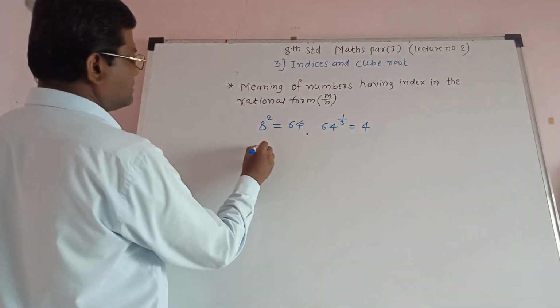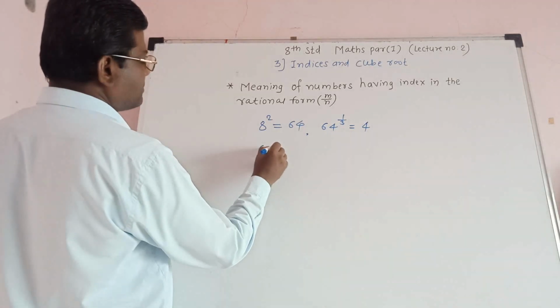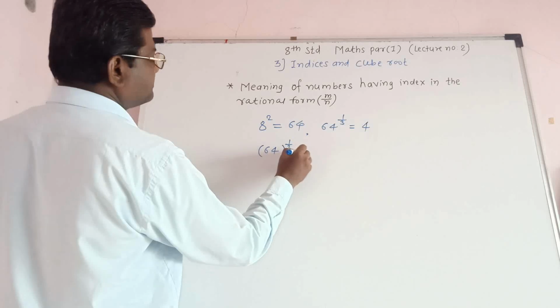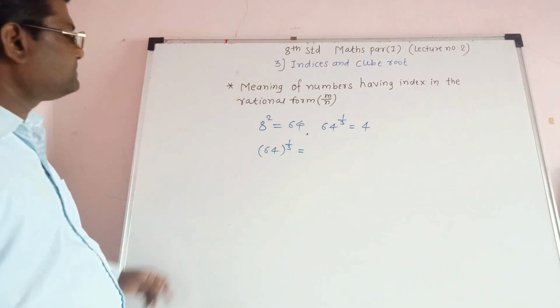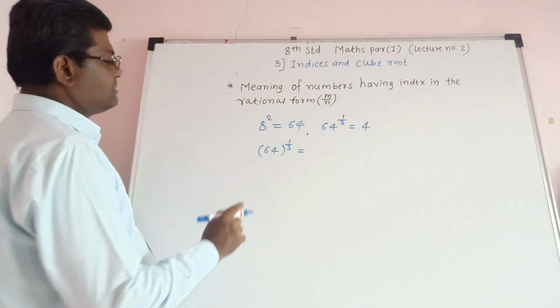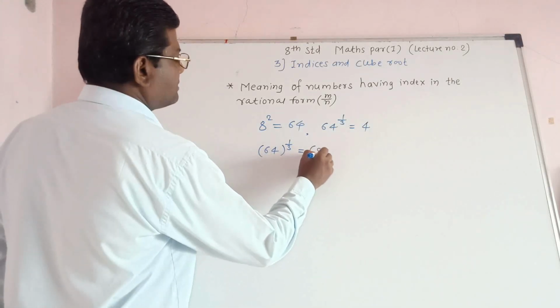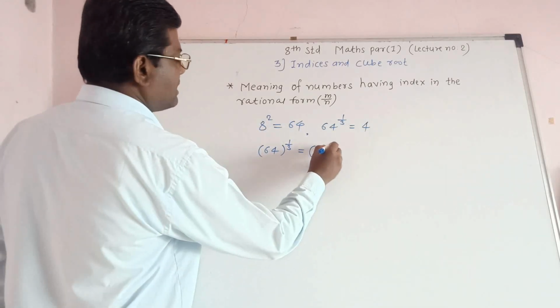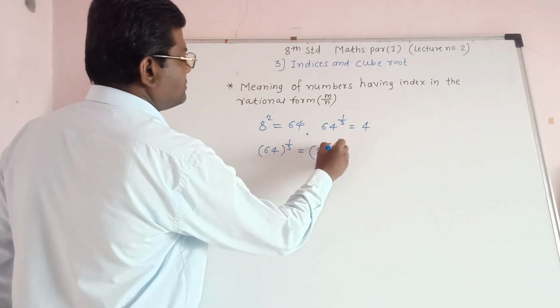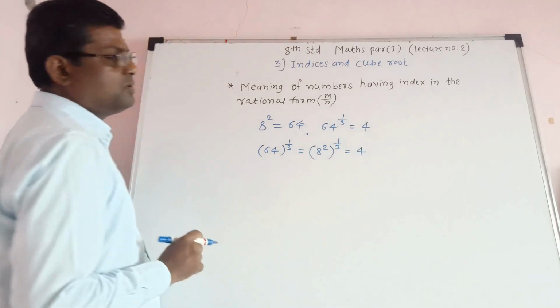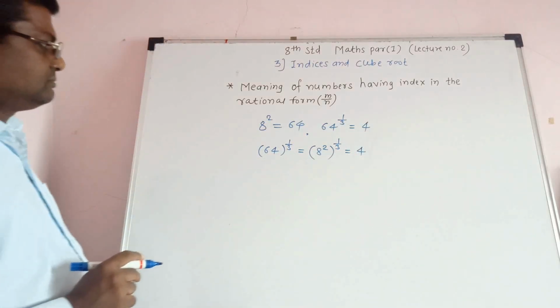Now consider this cube root of 64. Now this 64 can be written as 8 square, so 64 raised to 1 upon 3 is equal to 8 square raised to 1 upon 3. This value is also 4.